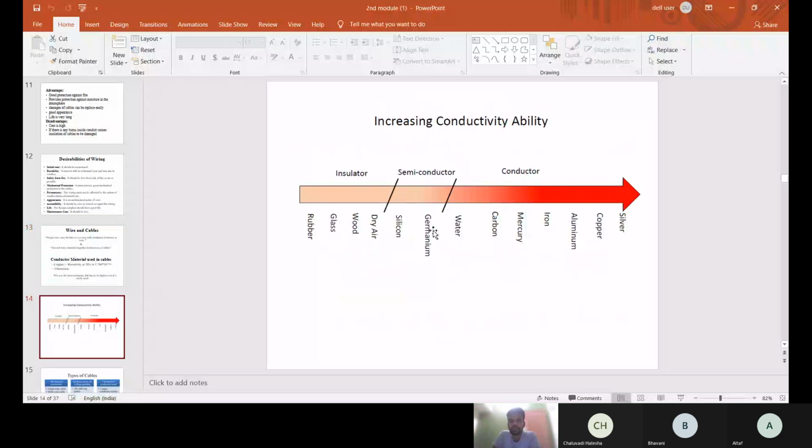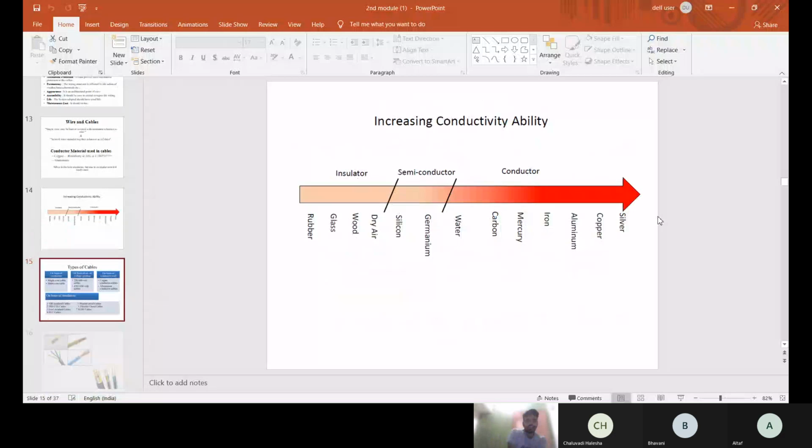But silicon and germanium sometimes act as insulators and sometimes as conductors, so these are semiconductor devices. Next comes the conducting part, that is water. Pure water is not a conductor, it's an insulator, but salted impure water is a good conductor. Carbon, mercury, iron, aluminum, copper, and silver, and next comes gold. Like that, the conductivity, insulator, and semiconductor nature varies.